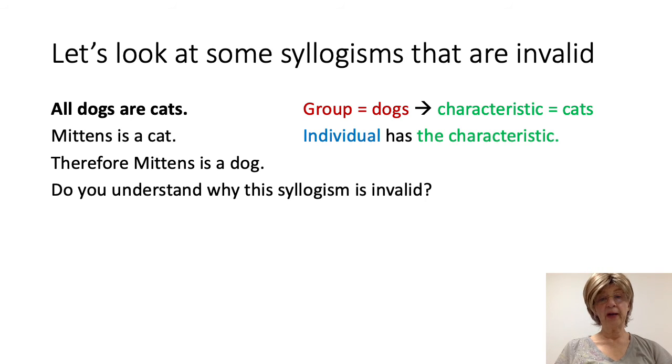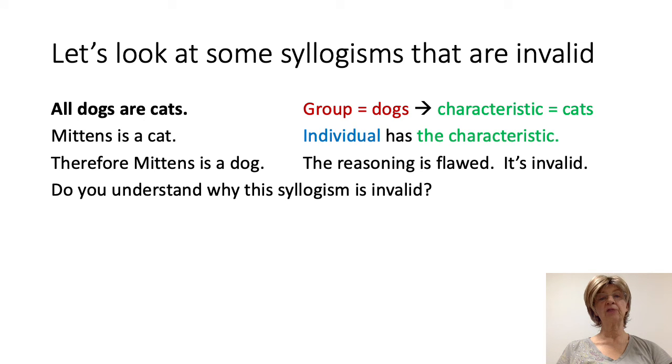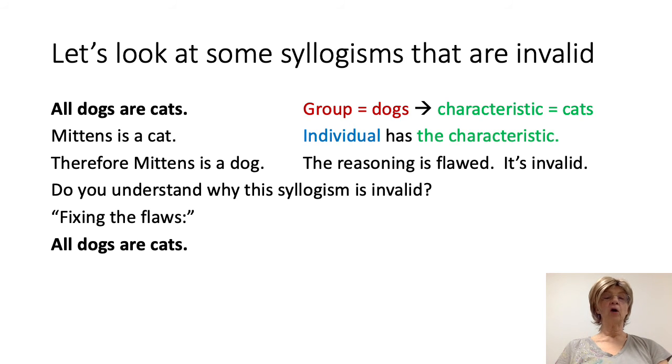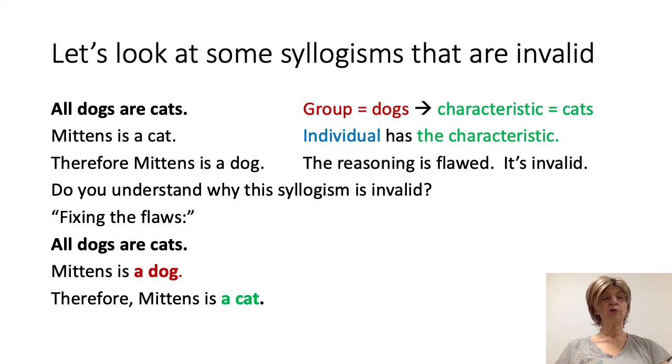But individual has the characteristic is the conclusion to a syllogism, not the minor premise. So, no. The reasoning is flawed. It's invalid. So, fixing the flaws. All dogs are cats. Mittens is a dog. Therefore, Mittens is a cat.